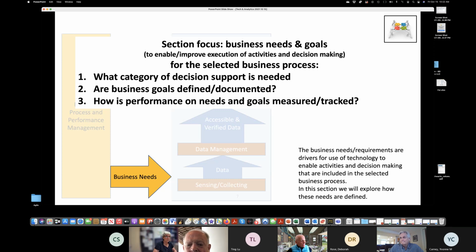Are business goals defined and documented, and how is performance on needs and goals measured? Because unless we have this in place, how will we know how much technology is helping? Are we getting some technology without having a clear idea what our business needs are?